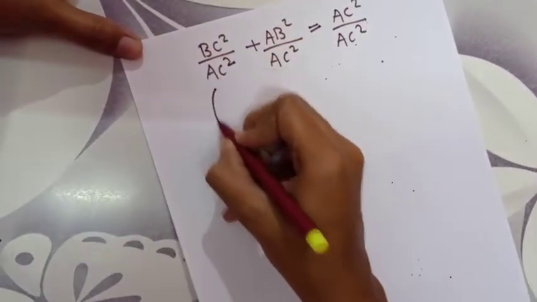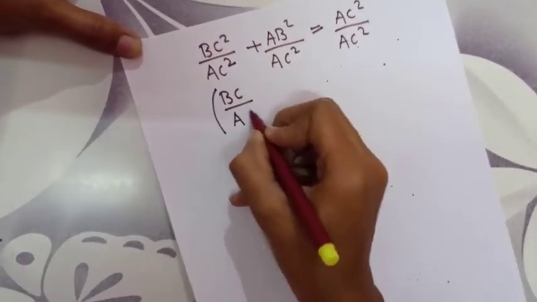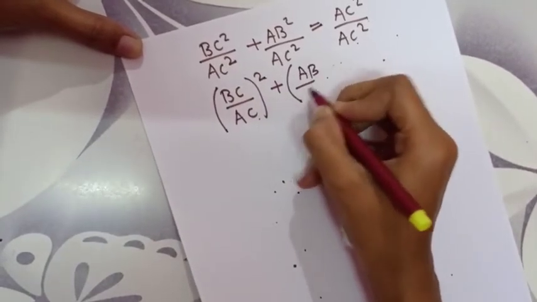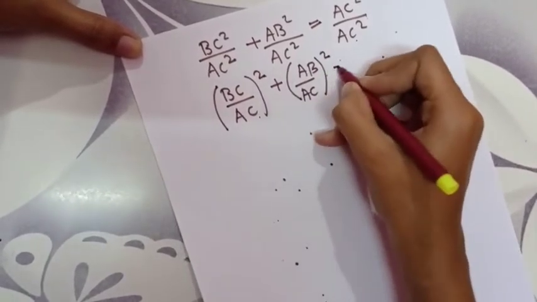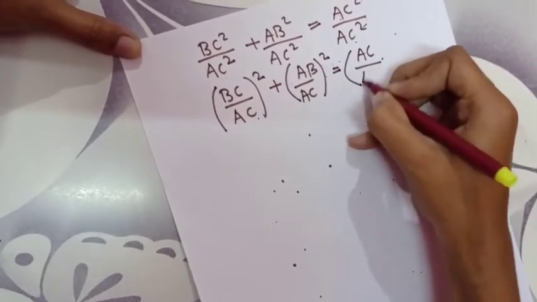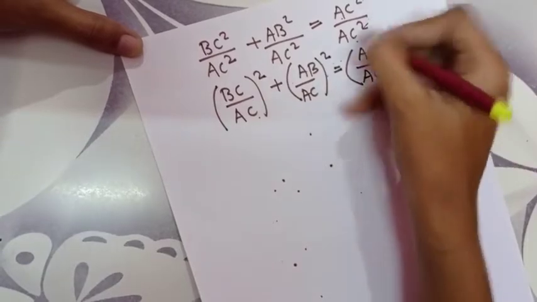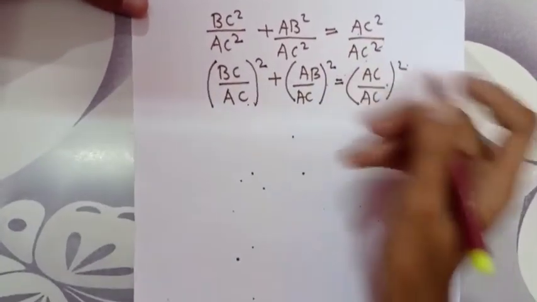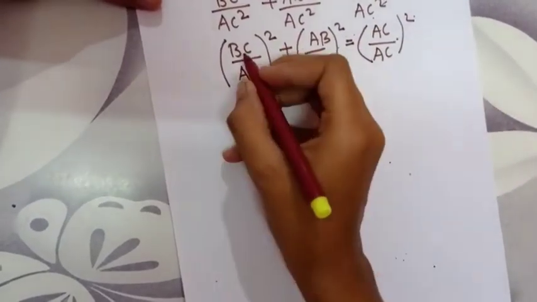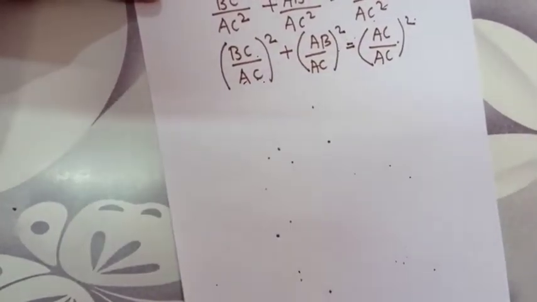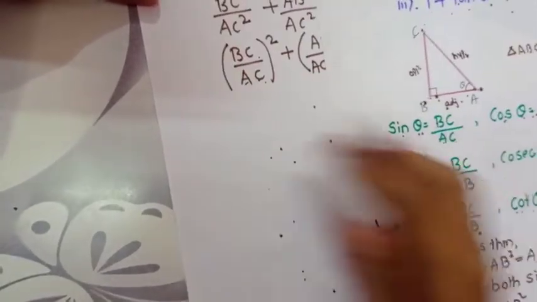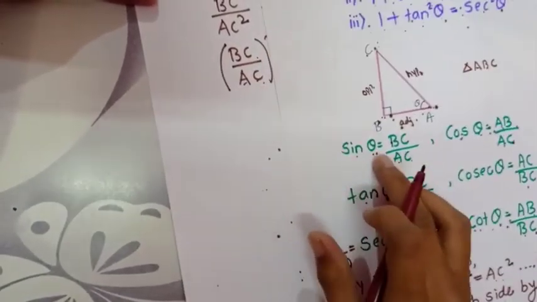It can also be written as BC by AC whole square plus AB by AC whole square, which is equal to AC by AC whole square, or directly we can cancel them because they are the same terms in numerator and denominator. Now, in the previous steps we have seen that BC by AC is sin theta.